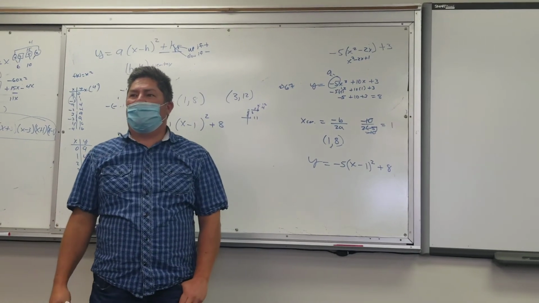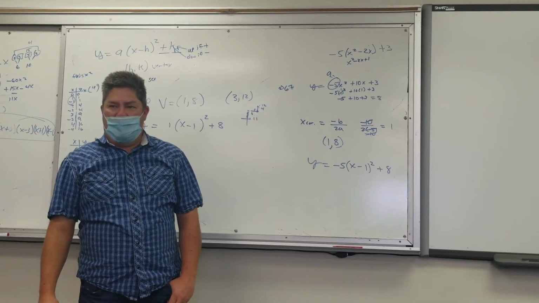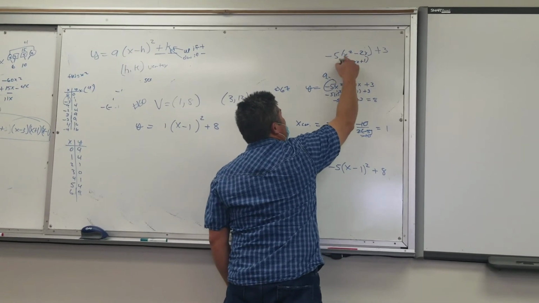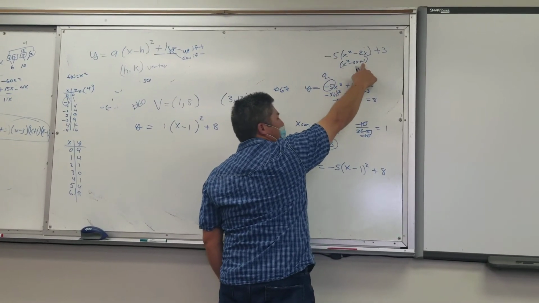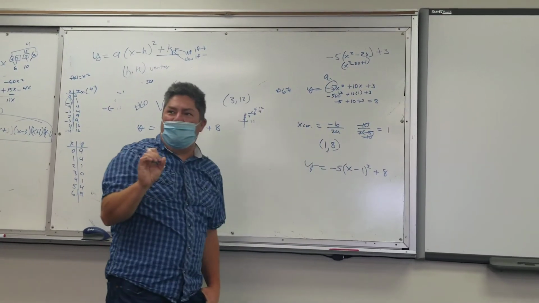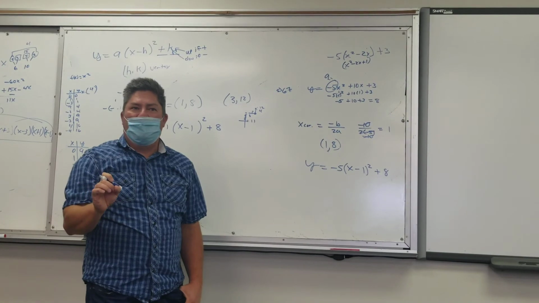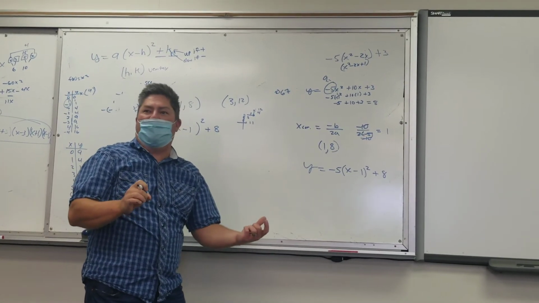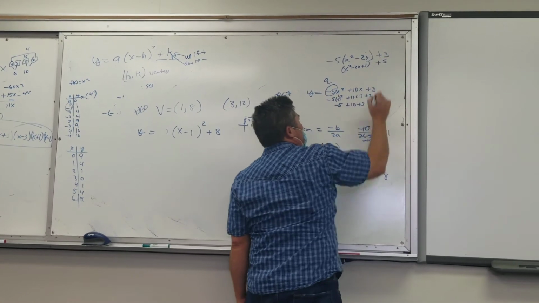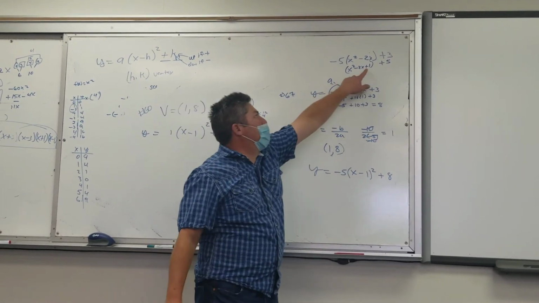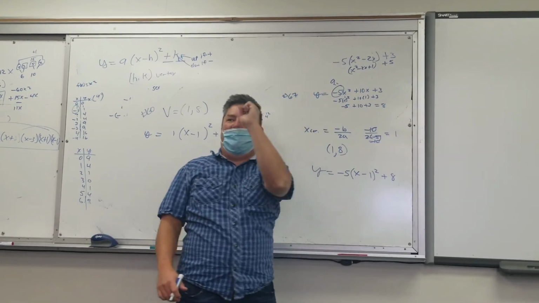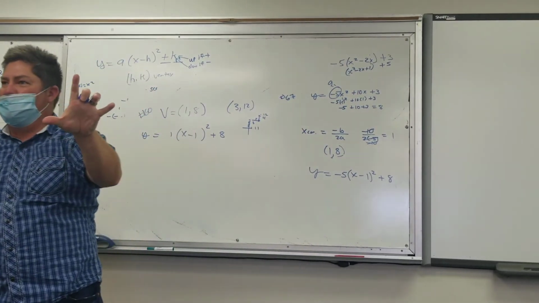It's a perfect square trinomial. But if I add 1 on the inside of the parentheses, negative 5 times 1 would be negative 5. That's what I've added so far to the equation. If I've added negative 5, I've got to add 5 on the outside. Because 1 times negative 5 is negative 5. Negative 5 plus 5 is still 0. I haven't changed the equation.